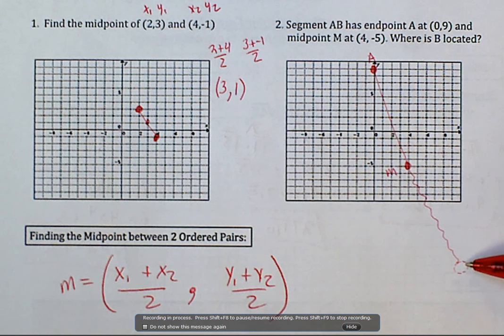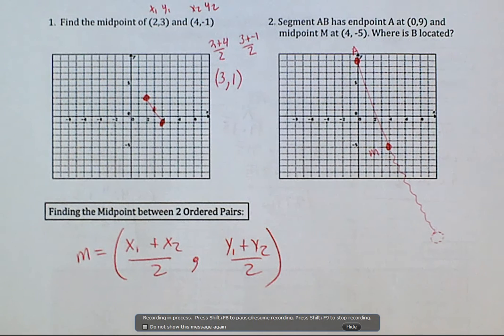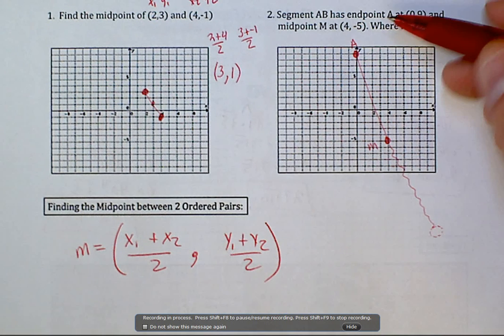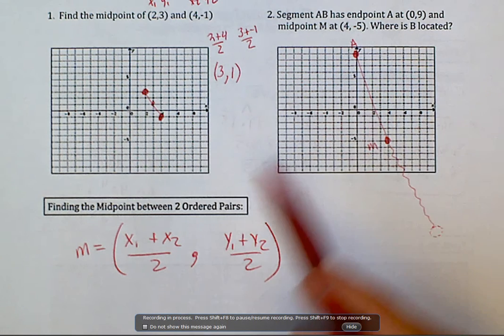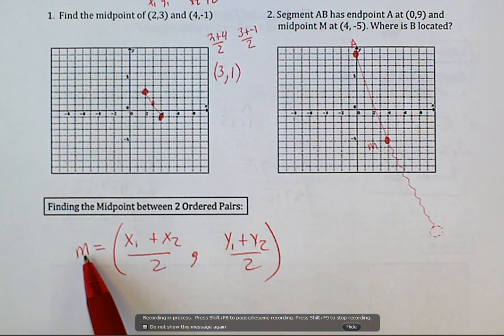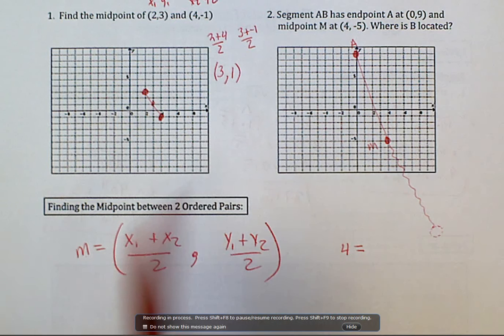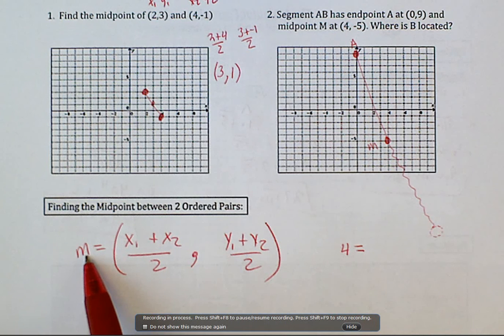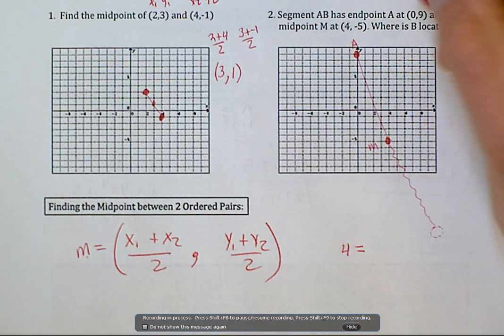Now, I'm going to actually use the midpoint formula. When you know what the midpoint is, 4 comma negative 5, I'm going to plug in my 4 and negative 5 for this M, but I'm going to do it 2 separate times. Watch how this works. I'm going to plug in my 4. So 4, my midpoint, equals, I know one of my x values is 0.